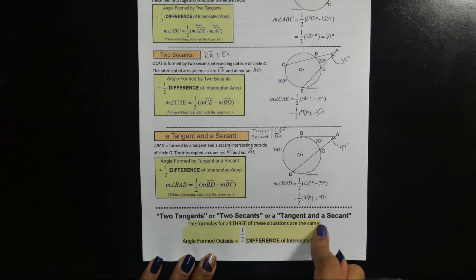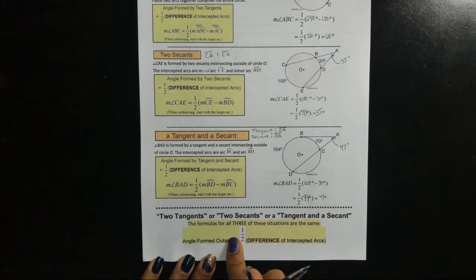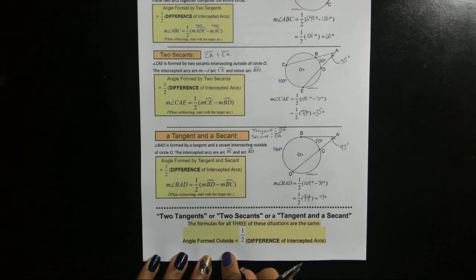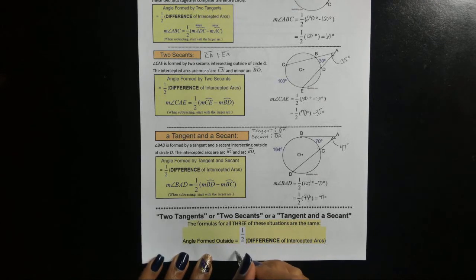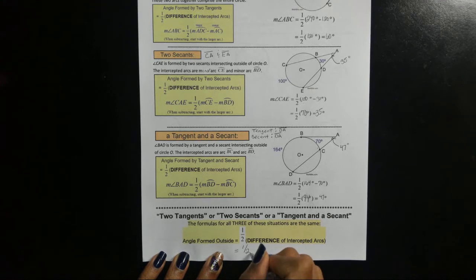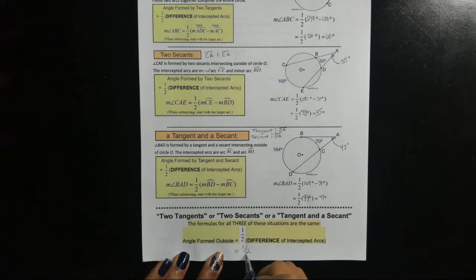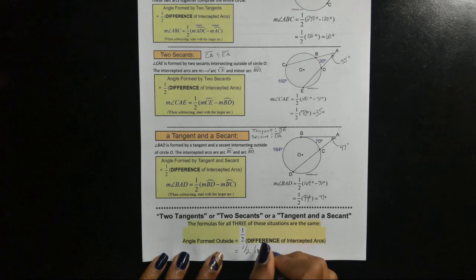What we're going to do is be able to use the same exact formula. For us to solve for that outside angle, all we need to know is that it's going to be half of the difference of the two. So in this case, since we have half, the only thing we need to do is take the big arc. And remember, when I say big, I mean the bigger one.